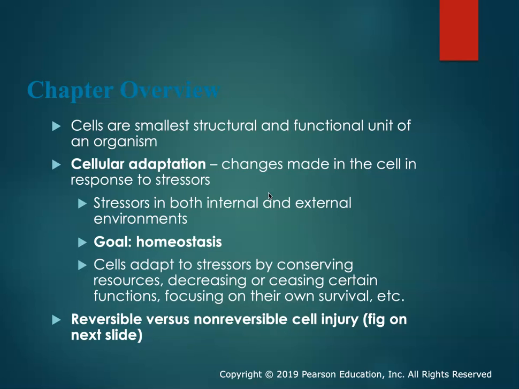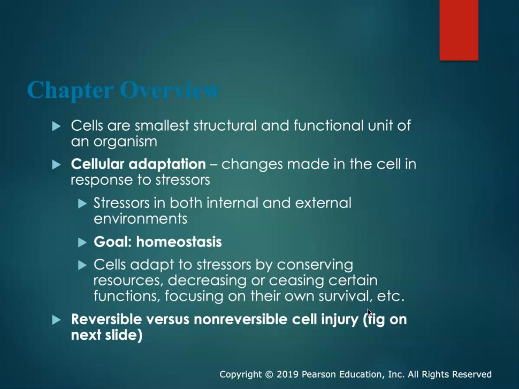So it's not going to be able to expend that extra energy performing a given function. And so that's what this last part says, focusing on their own survival. So the cells will adapt to some sort of stressor in the environment to basically be able to survive. And then hopefully once that stressor goes away, they'll be able to regain normal function, okay?